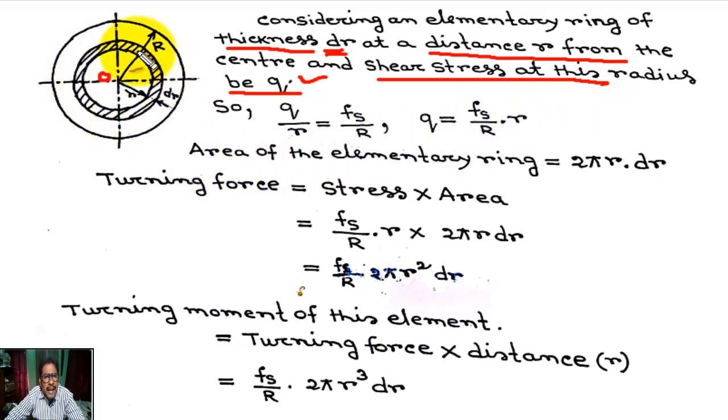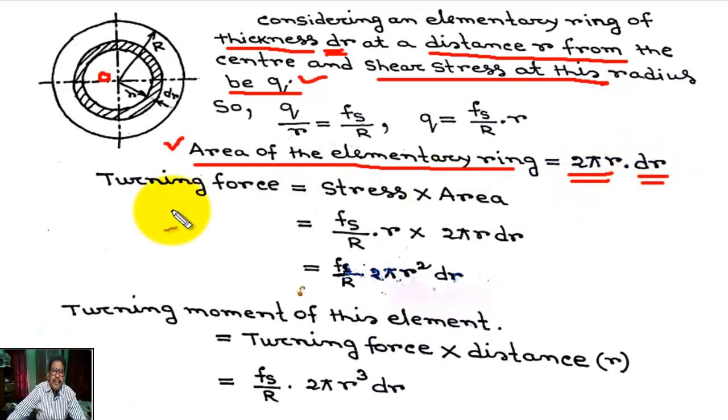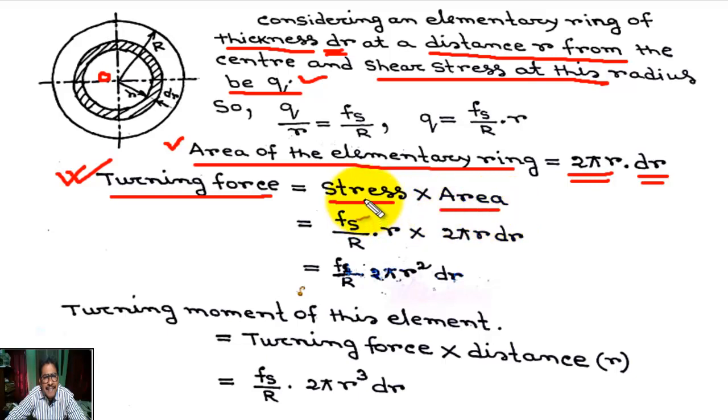Now the area of the elementary ring is 2 pi r into thickness dr, so 2 pi r dr. We know stress equals force by area, so turning force equals stress times area.